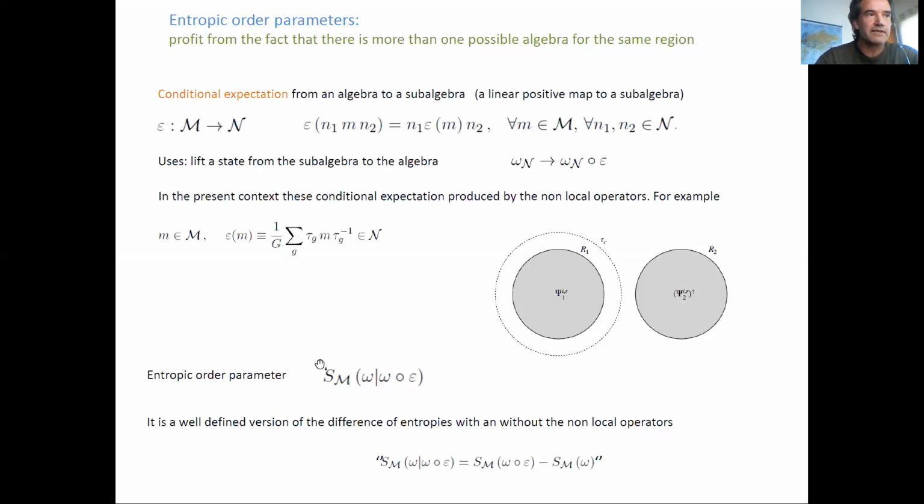So this will have information of the best intertwiner possible. And in a sense that I will not discuss, this is kind of a well-defined measure of the difference of entanglement entropies between the states with the intertwiner and without it.